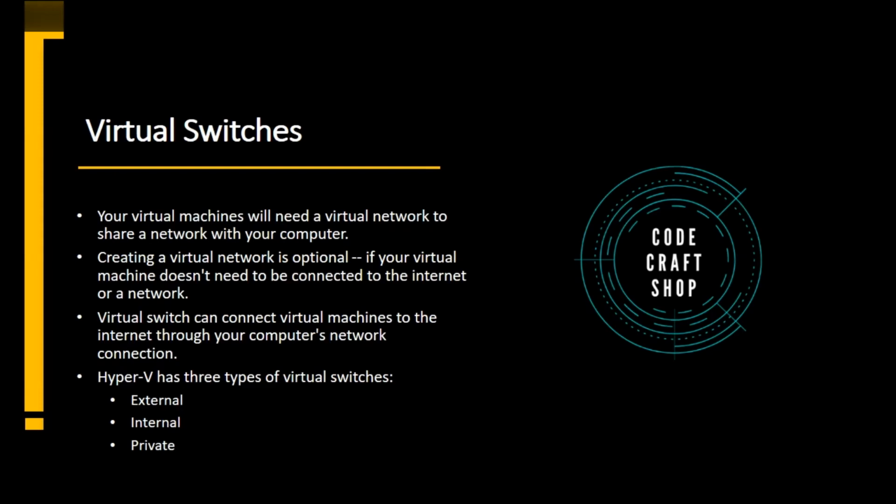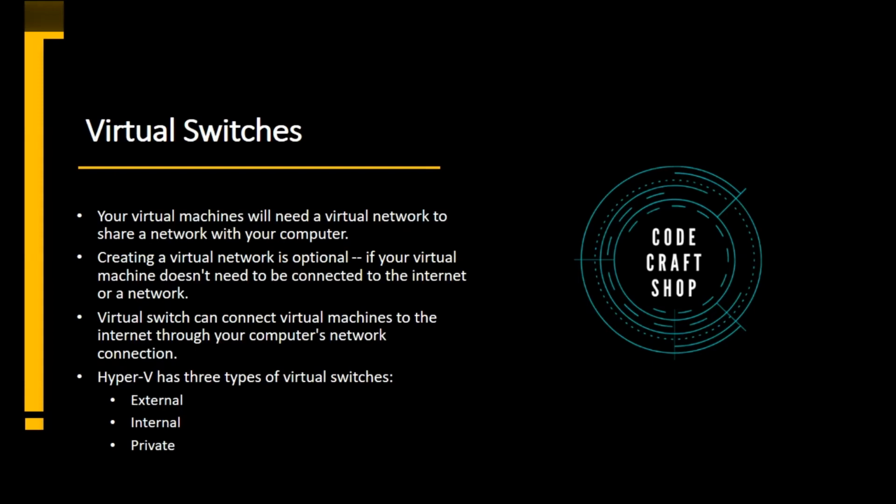So the question arises, what is meant by virtual switch? The answer I can provide you right now is, since we are working on a virtual machine, there needs to be some connectivity between the host operating system and the guest operating system which is lying on our virtual machine.